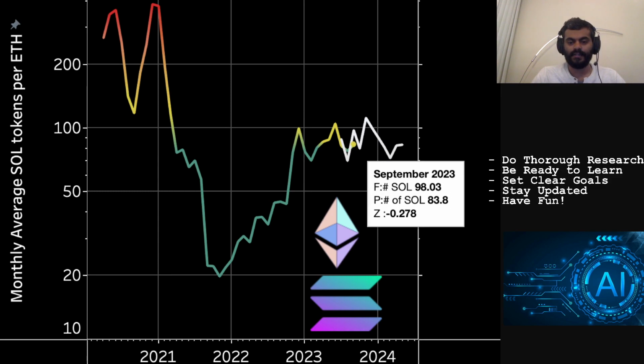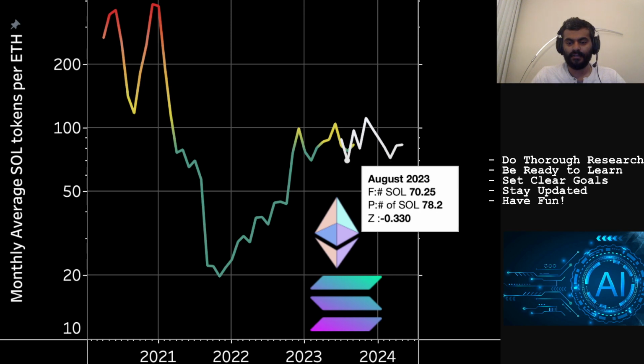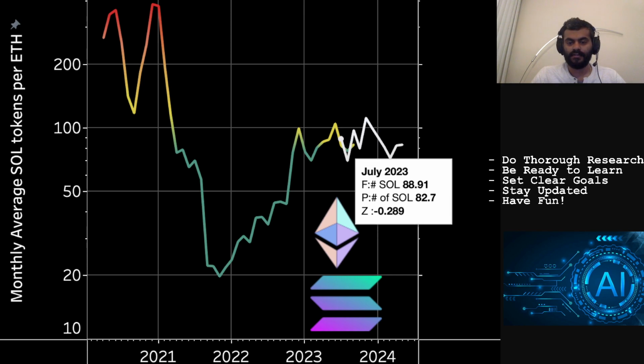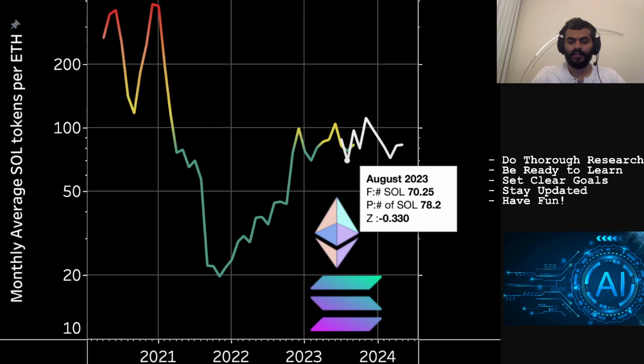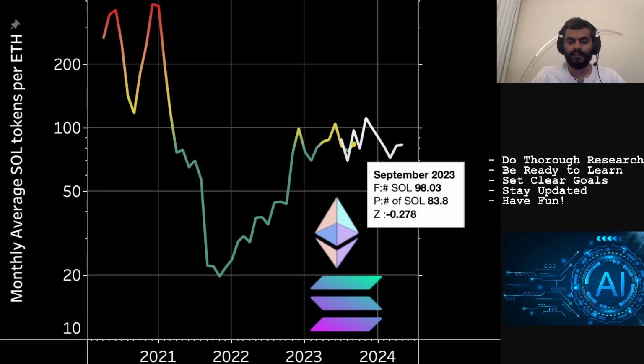This is the base case, and you can see that there has been some divergence, although the trend has been intact. In July the forecast was 88 SOL per ETH, the reality was 82.7. In August it was forecasted at 70, and the actual was 78. September diverged a lot. The forecast was 98, whereas the actual was 84 SOL per ETH.